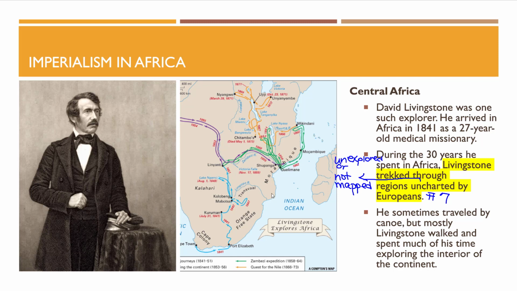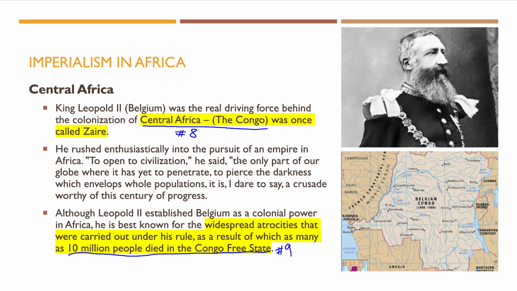Okay. And made a lot of treks, as you see. The more treks he made, the more he was able to open up Central Africa to be known to Europeans, and that's how Europeans started to have a lot of interest in Central Africa. Okay. All right, this is 8 and 9.